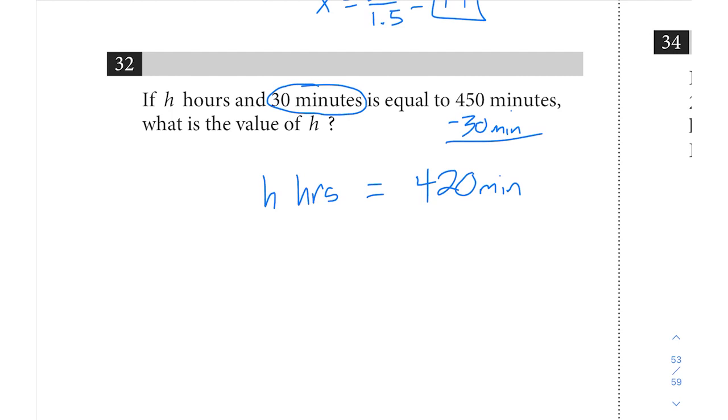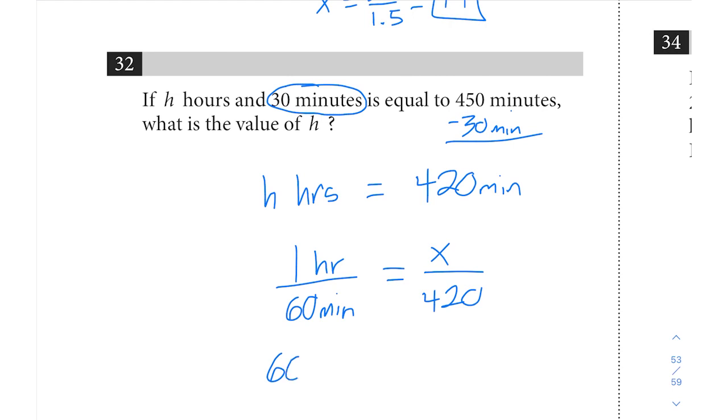And when making that conversion, there are a total of 60 minutes in an hour. So here, 1 hour is equivalent to 60 minutes. And so again, think of it just like a proportion. That means x hours would be equivalent to 420 minutes. And you'll end up dividing 420 by 60.